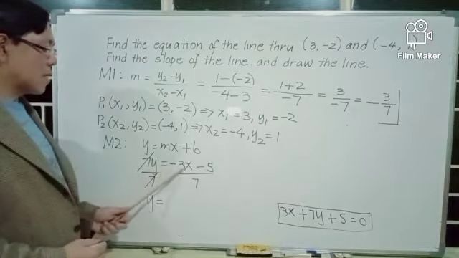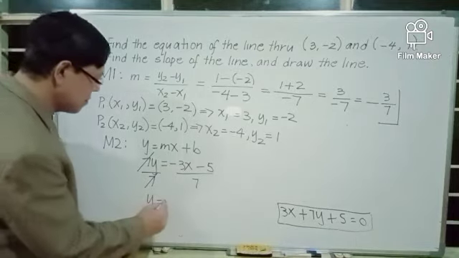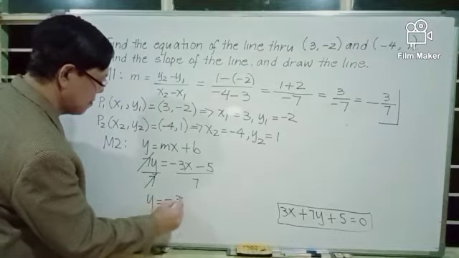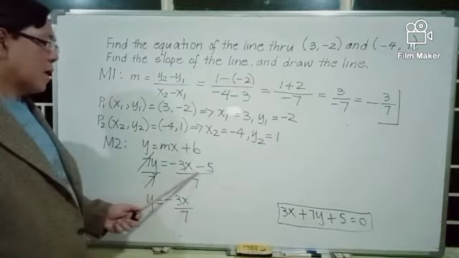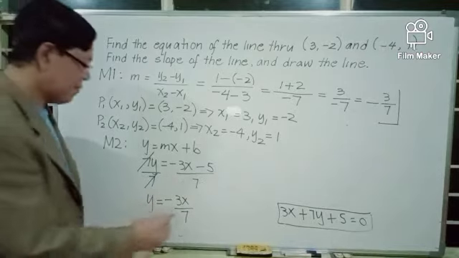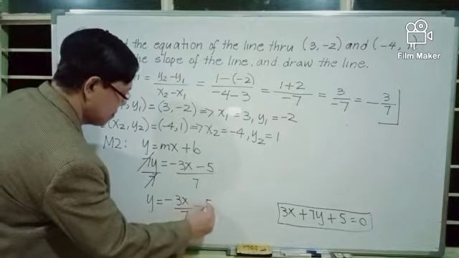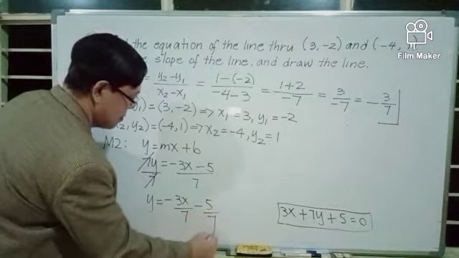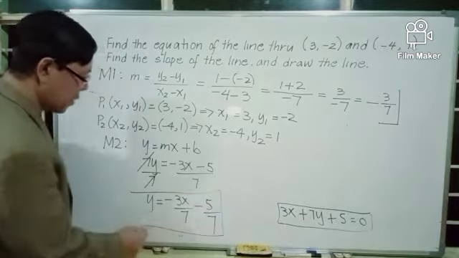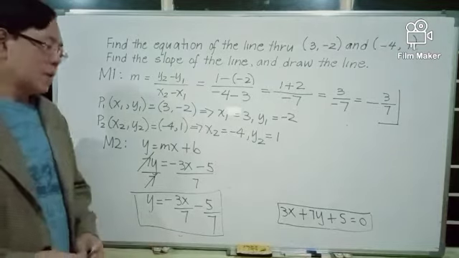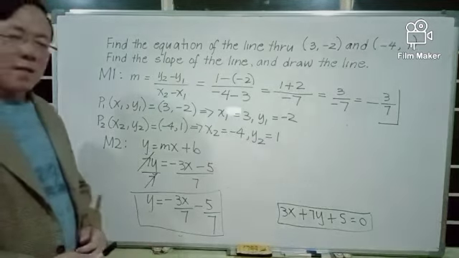We have negative 3x divided by 7 minus 5 divided by 7. This now is the slope-intercept form of the equation of the line.